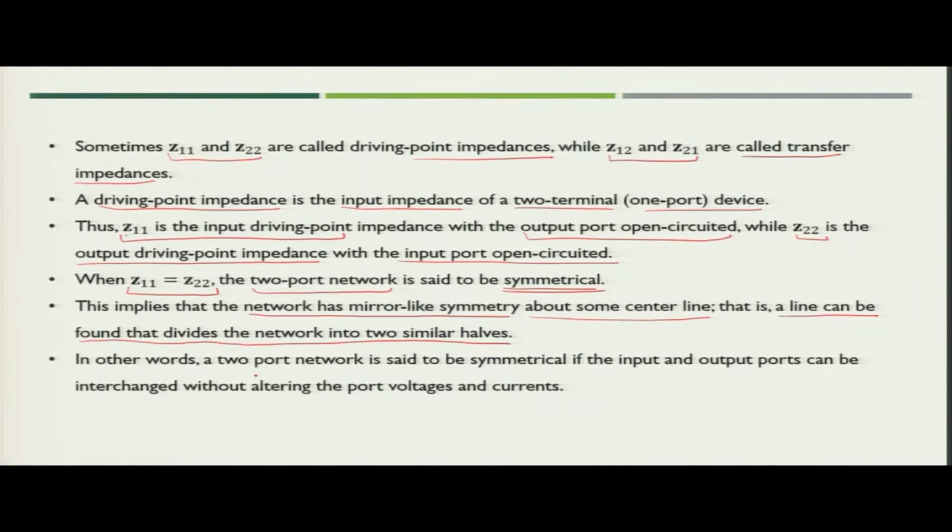So, you can say that the two port network is said to be symmetrical if the input and output ports can be interchanged without altering port voltages and currents.